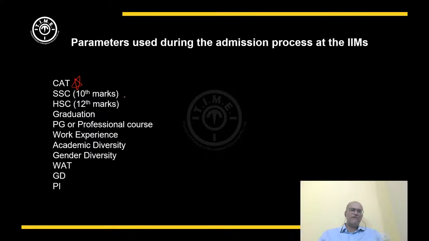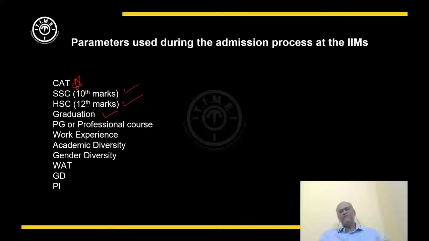Now, apart from that, some IIMs will include 10th class performance, some IIMs will include 12th class performance, some IIMs will include graduation performance also. Now, one thing to keep in mind that I told you in the last session also, usually most of the IIMs normalize your performance in these academic qualifications based on your board, based on your university.